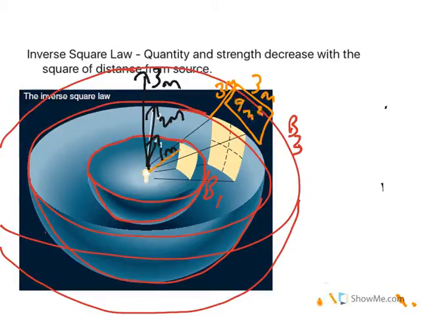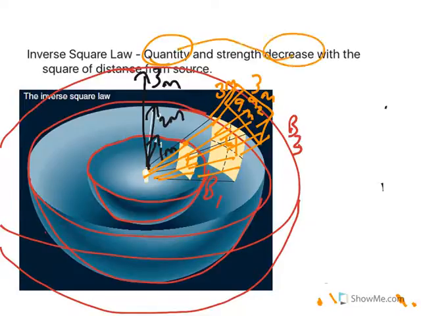So this light that passed through a 1 meter square, or 1 block at 1 meter, spreads out into 4 blocks at 2 meters, and then spreads out even more into 9 blocks at 3 meters. So let's look at the words quantity and decrease. We know the brightness has to decrease, and we are looking at the word triple.